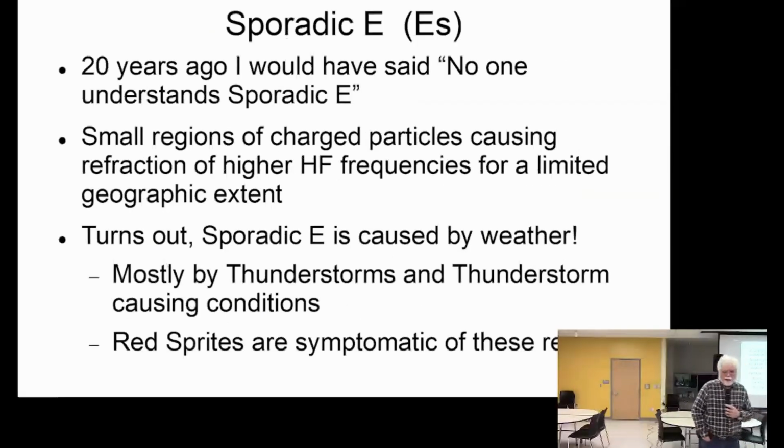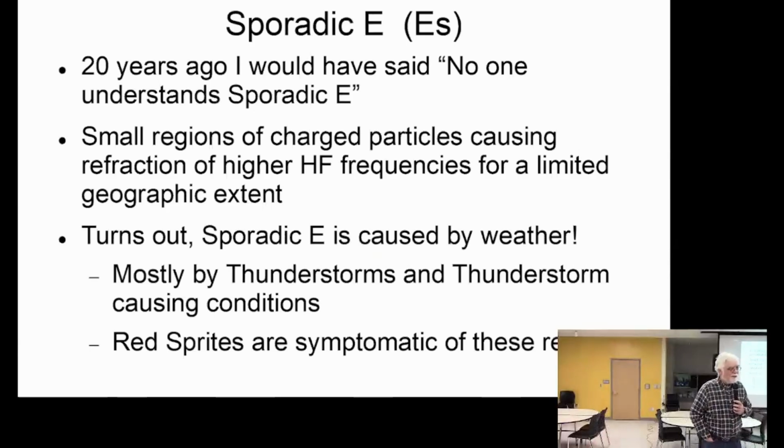Now, sporadic E. This is an interesting story. 20 years ago, I would have said no one understands sporadic E. Sporadic E is small regions of charged particles which cause refraction at high RF frequencies, higher than you expect, over a limited geographical extent. Well, it turns out that sporadic E is caused by the weather.